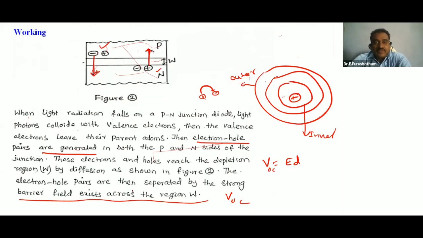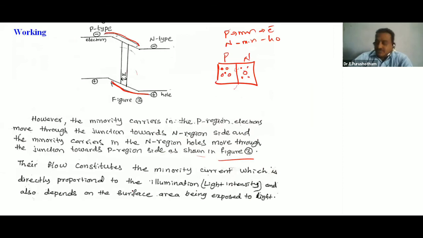So working: when the sunlight is allowed to fall on the PN junction, an electron hole pair is generated. The minority charge carriers in the p-type semiconductor, electrons, diffuse from p-type to n-type, and in the n-type semiconductor the minority charge carriers, that is holes, diffuse from n-type to p-type semiconductor as shown in this figure 3.